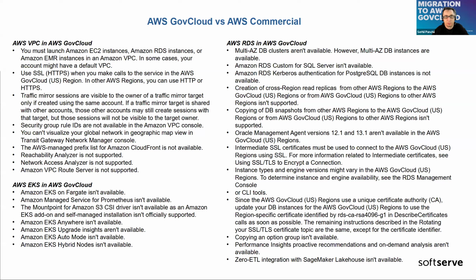In short, there are two different worlds: two different accounts, two different regions, and different services and tooling. And finally, there are a lot of differences for most core AWS services, mentioned in the AWS documentation. Please refer to it before proceeding with migration to AWS GovCloud.